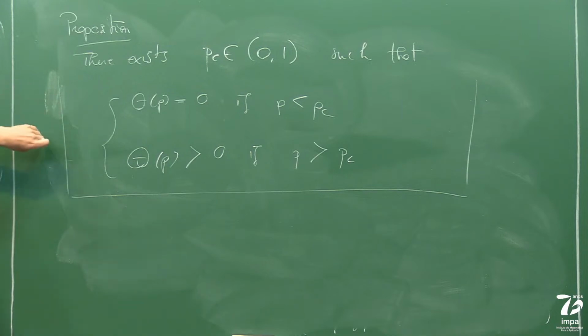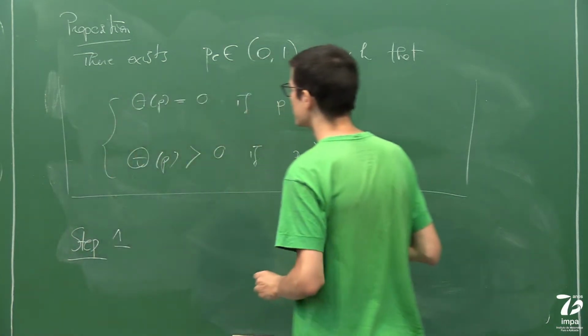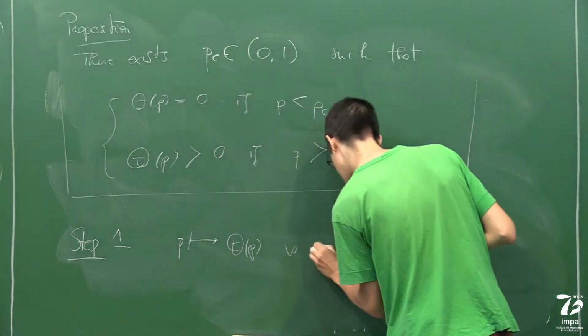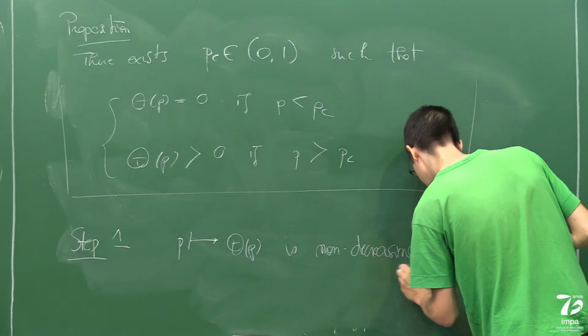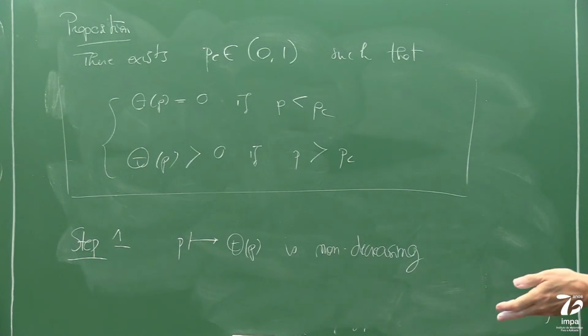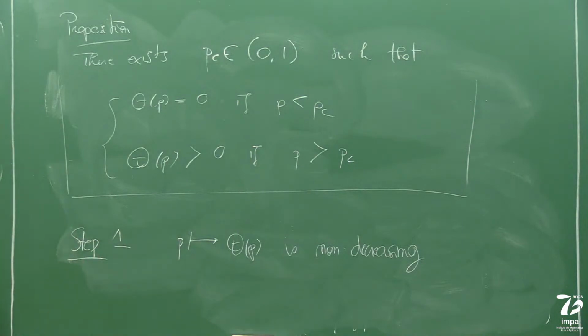To prove this, we'll use 3 steps. The first thing is that we are going to prove that the function theta_p is non-decreasing. It's kind of obvious in a sense. If you make p larger, you have more open edges, so more open paths, so you're more likely to be connected to infinity.